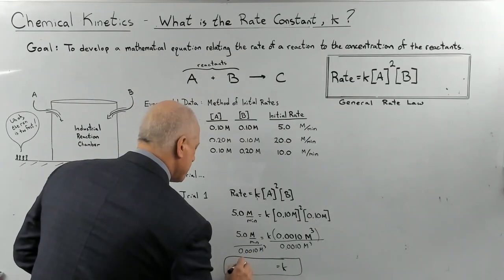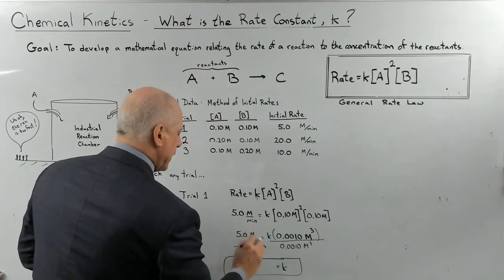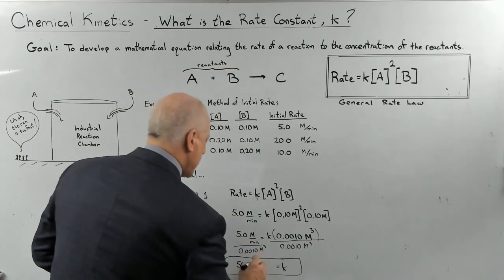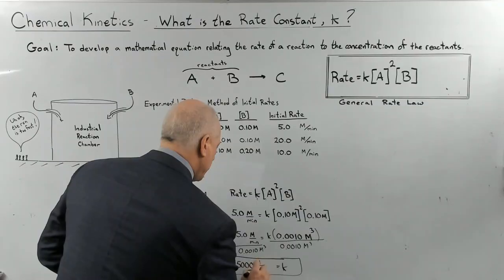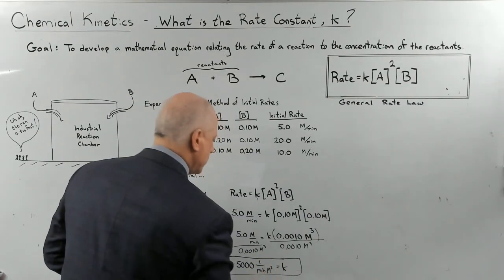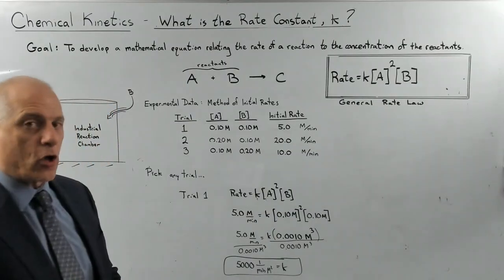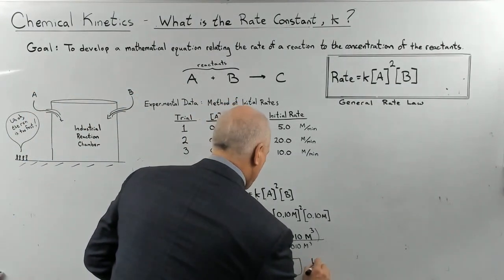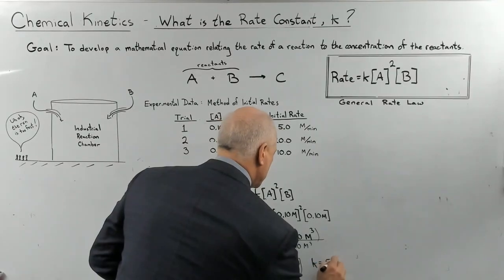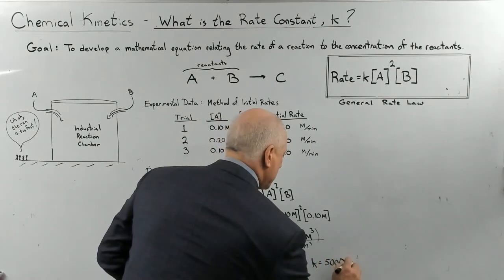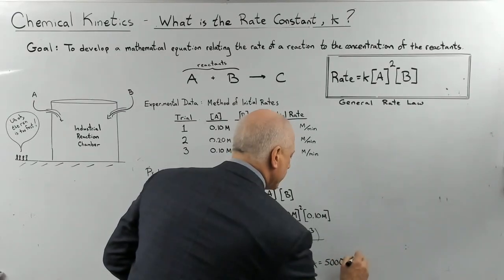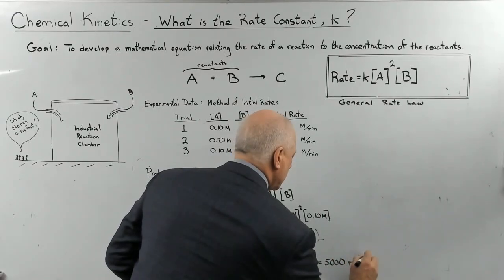Now we get a final value of K equals 5,000. Molarity over molarity cubed is molarity squared in the denominator, and that's going to be minutes in the denominator and molarity squared in the denominator. This can also be written as K equals 5,000 minutes to the -1, molarity to the -2.